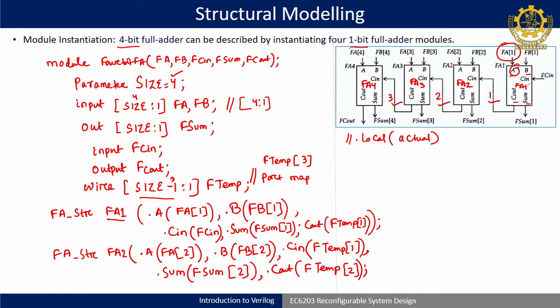Got it? Simply, a is connected to fa2, b is fb2, cin is ftemp 1, sum is fsum 2 and cout is ftemp 2.